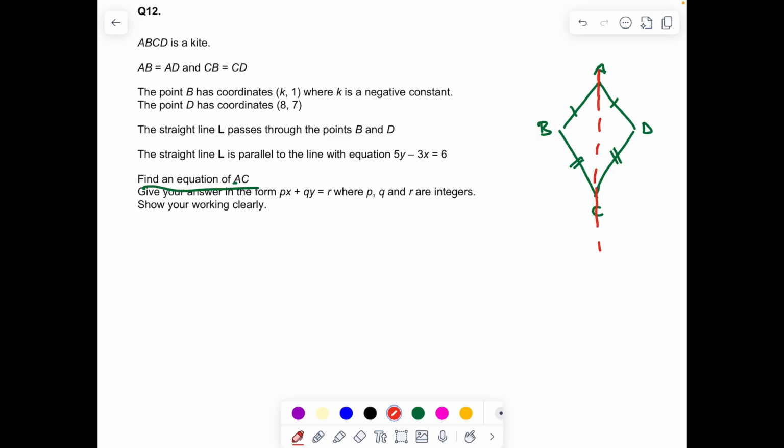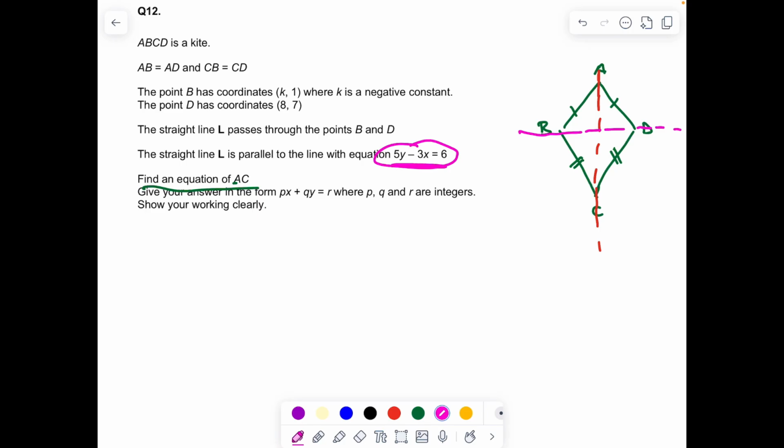So our first thing is to look at BD before we can look at AC. So we need to know what the gradient of BD will be, and we can find it by looking at the gradient of this line, because it says that the line BD is parallel to this line here.